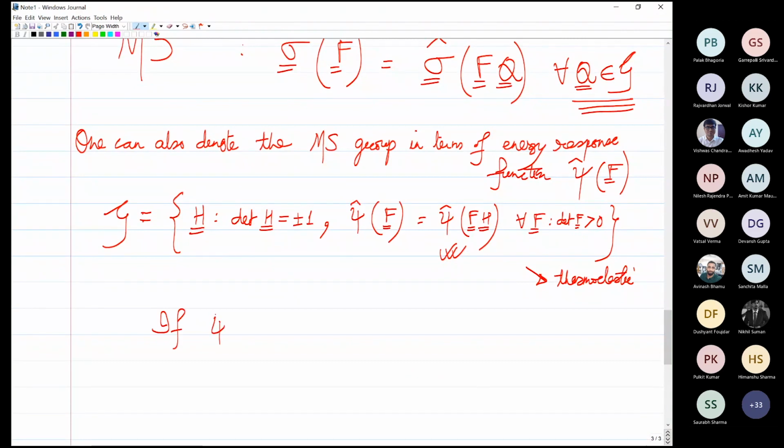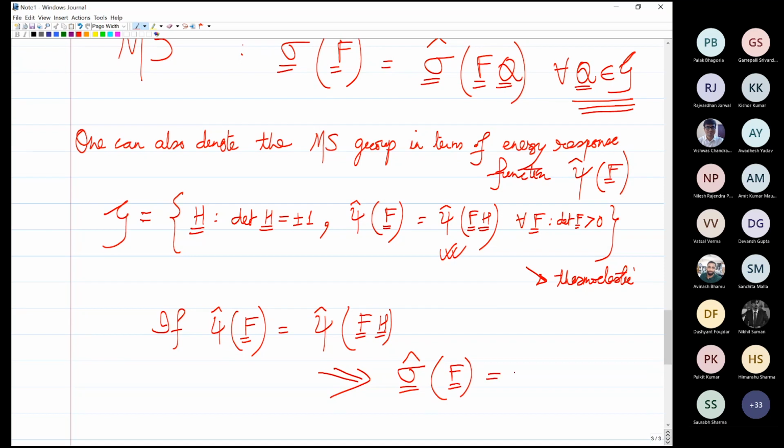And in fact, you can also derive that if psi hat of F is equal to psi hat of Fh, then the corresponding response function will be such that sigma hat of F will be equal to sigma hat of Fh. It is possible to derive this.